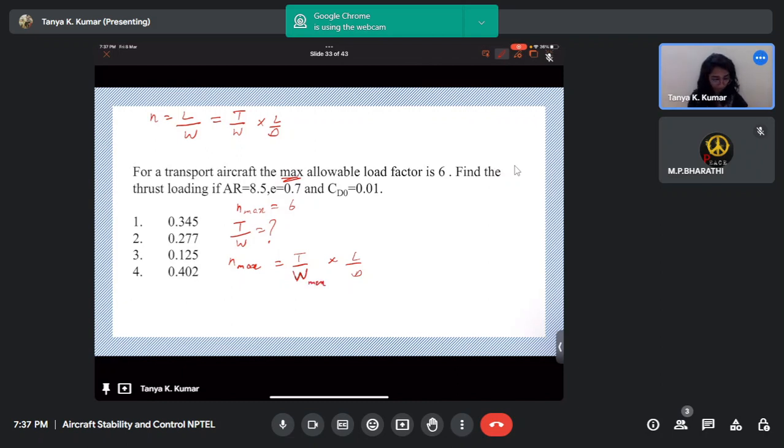This has to be maximum, this has to be maximum, right? So I hope this gives you a clue. Try solving it now. We need to find out T by W max, or T by W, thrust loading.